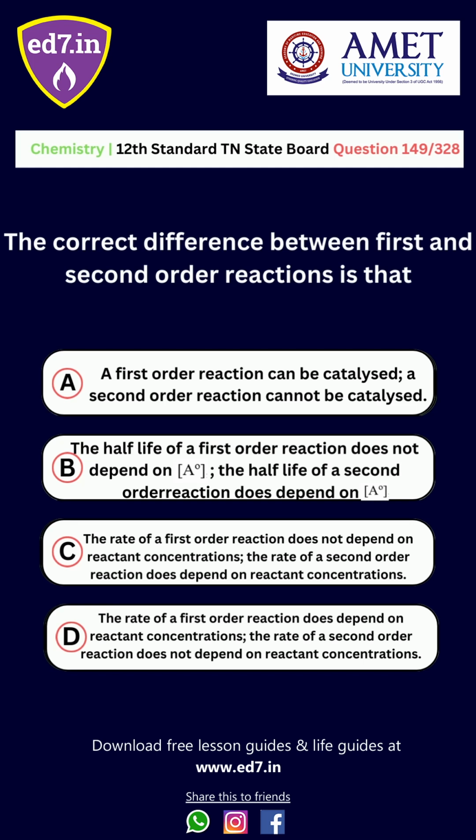Option C, the rate of the first order reaction does not depend on the reactant concentration; the rate of the second order reaction does depend on the reactant concentration. Option D, the rate of the first order reaction does depend on the reactant concentration; the rate of the second order reaction does not depend on the reactant concentration. The correct option is option B. The half-life of the first order reaction does not depend on initial concentration. The half-life of the second order reaction does depend on initial concentration.